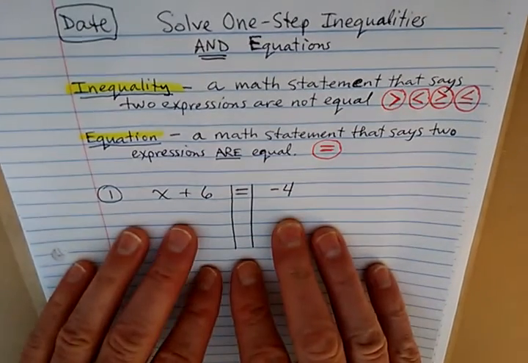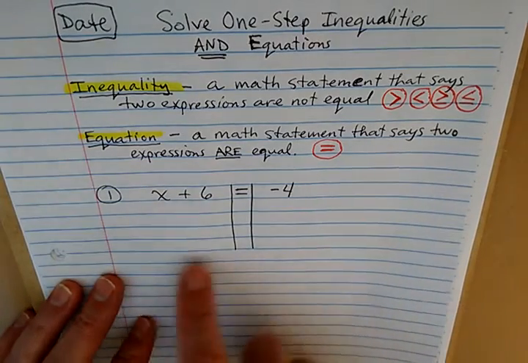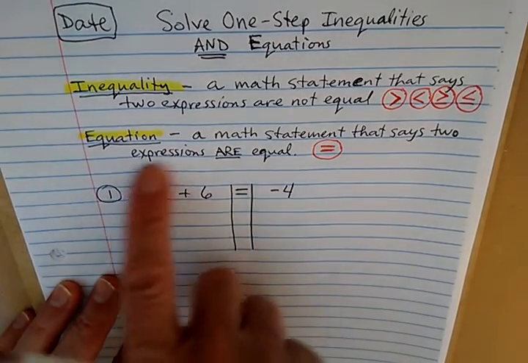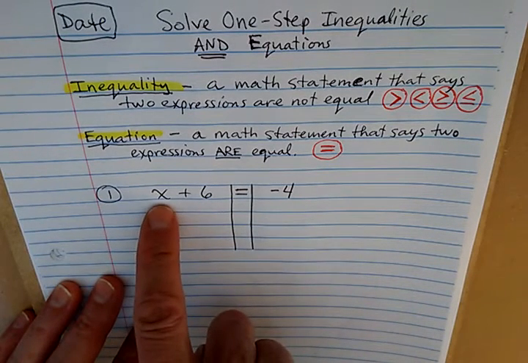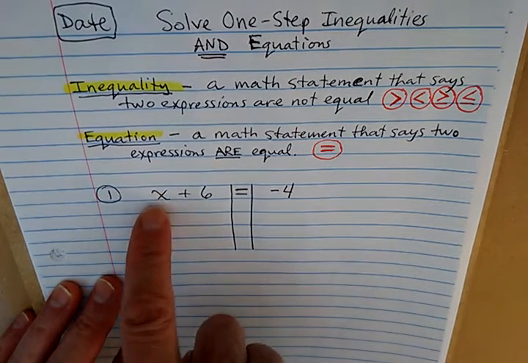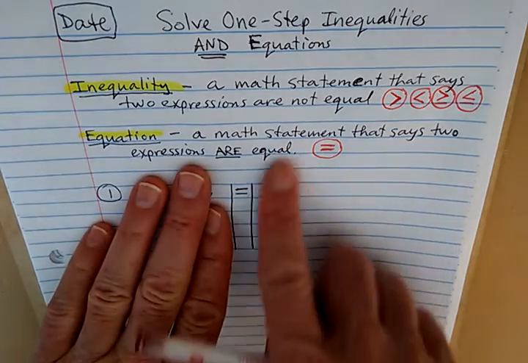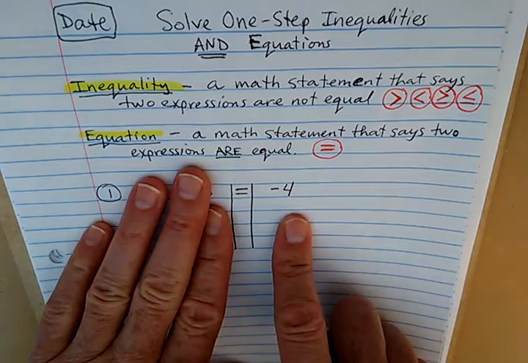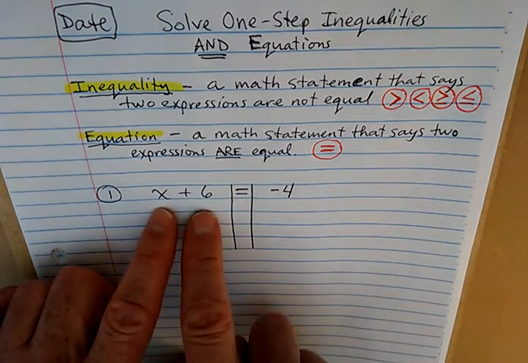In this case, let's start with adding something to both sides. Remember, we need to focus on the side where the variable is because our goal is to figure out what that variable represents. So the first place we should look is where the variable is.